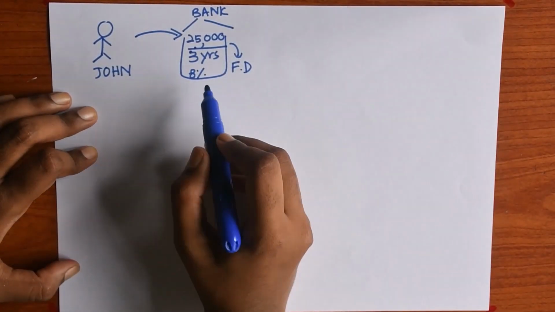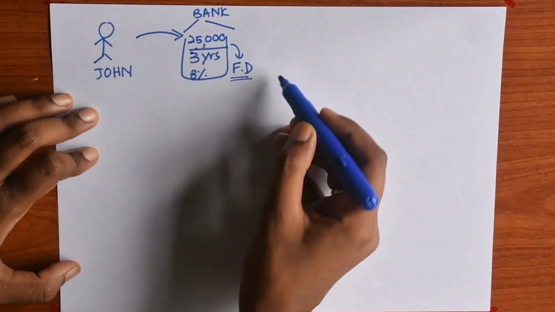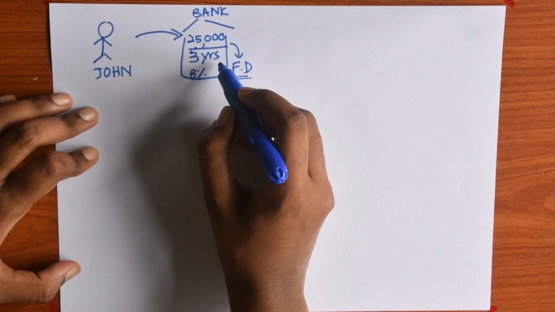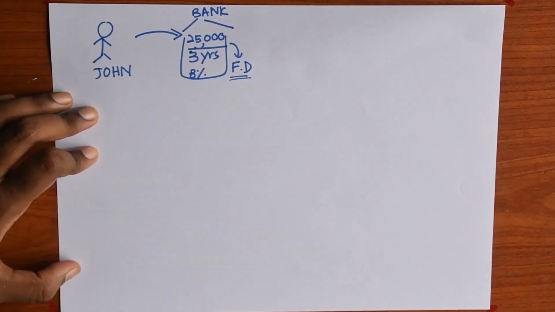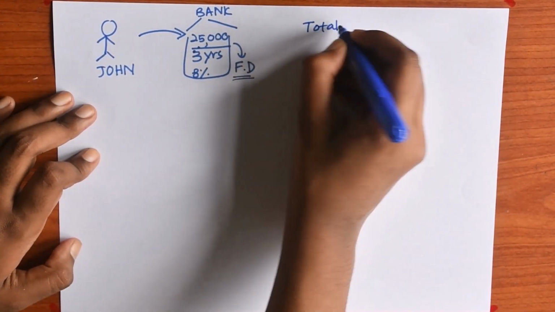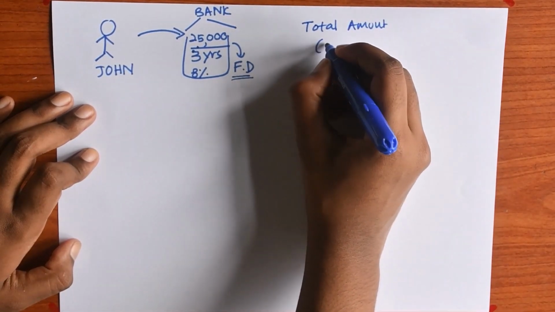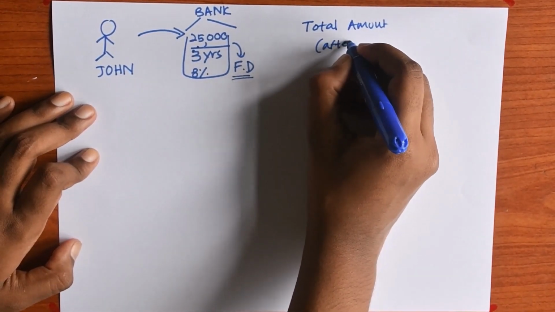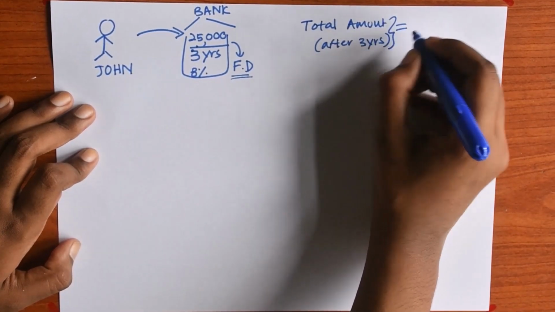So John deposited 25,000 rupees as a fixed deposit in a bank for 3 years for an annual interest rate of 8%. And now we want to know the total amount that he would receive at the end of 3 years. We have to find this.